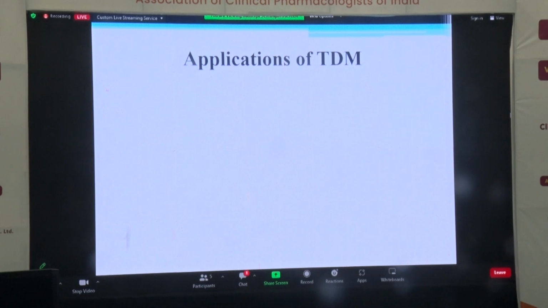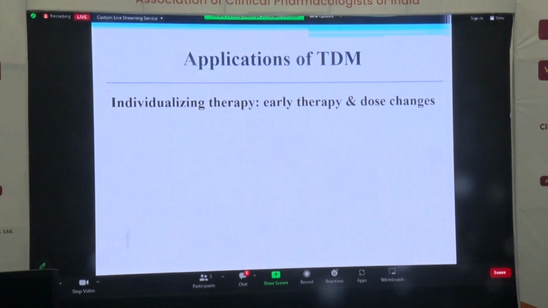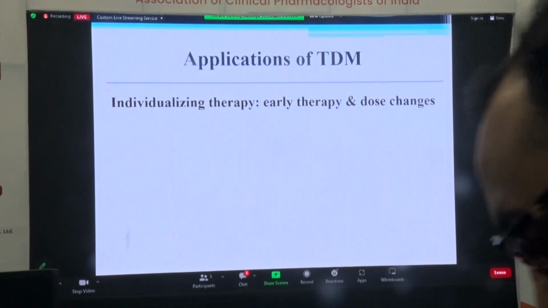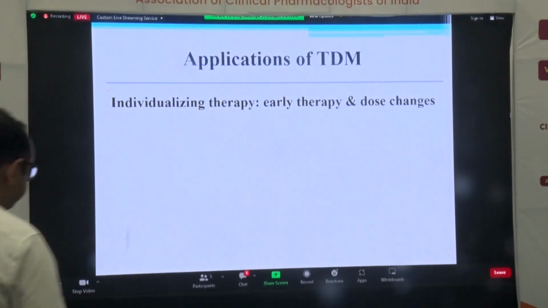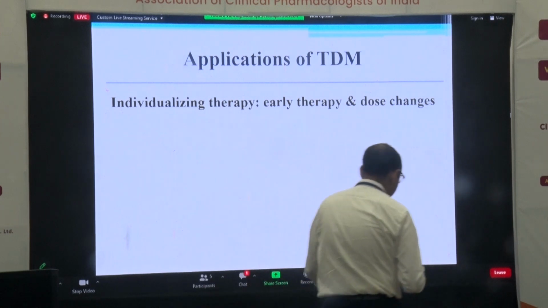Okay, having said this, what are the applications of TDM? As I already mentioned, this is mainly for individualizing the therapy, before initiating the therapy or after initiating it.